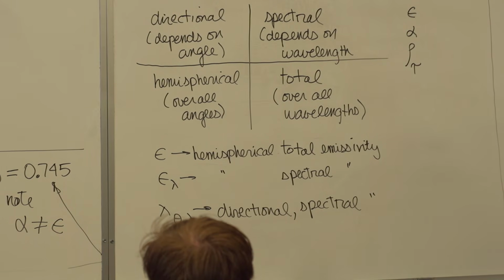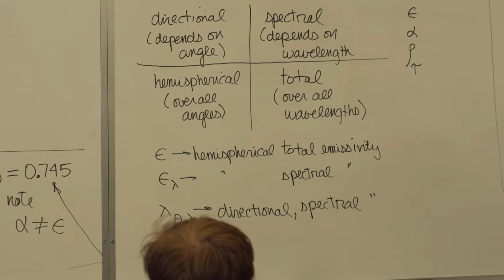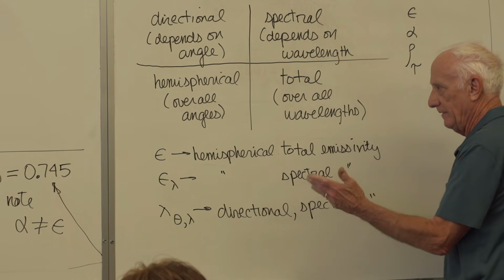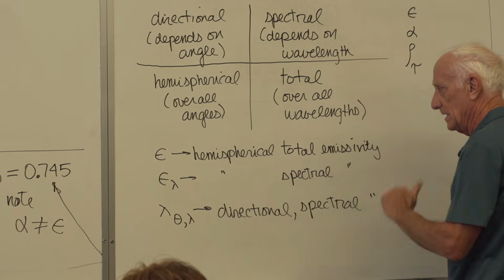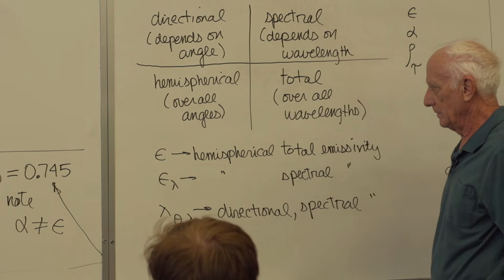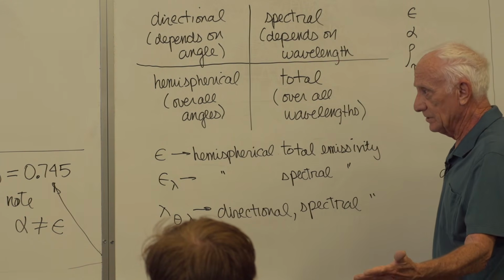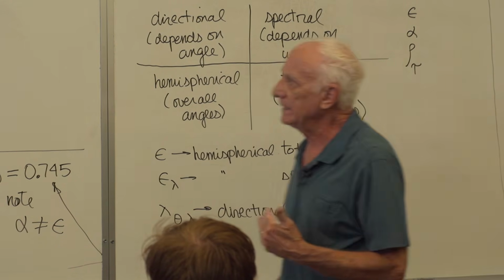Normally, we don't keep repeating hemispherical. That means integrate over all angles, theta. We don't normally say it. So when I speak about it in class, as I've done, if the graph gives you spectral emissivity, that's epsilon lambda. If it asks you to find emissivity, what do I mean when I say find emissivity?